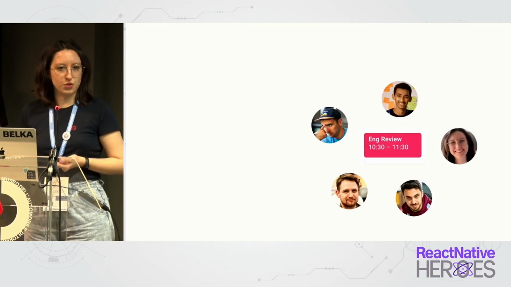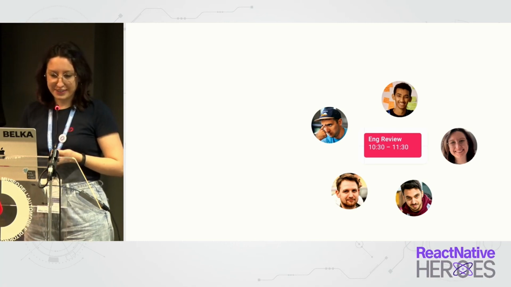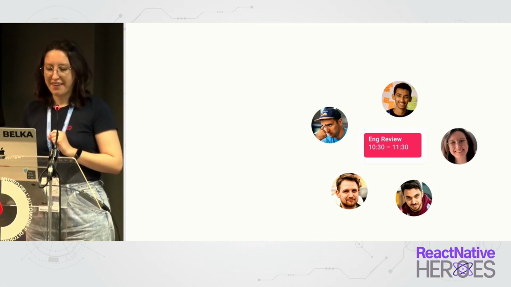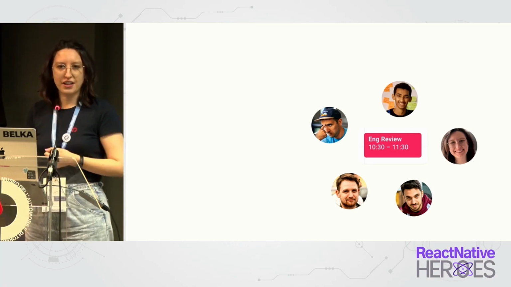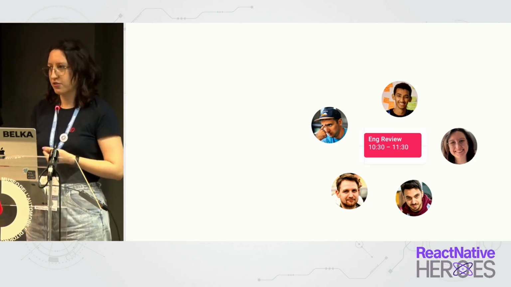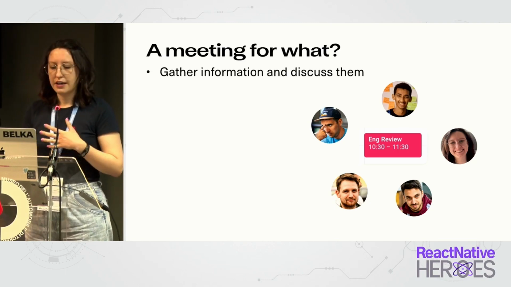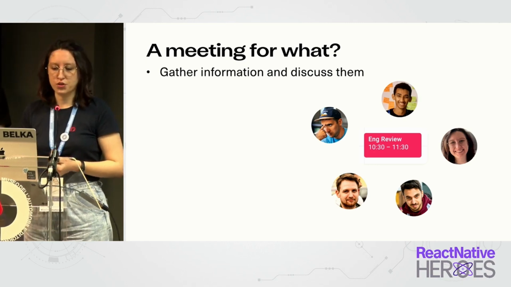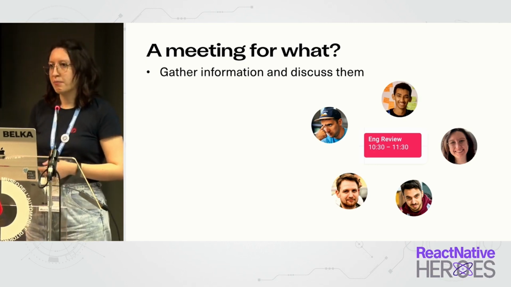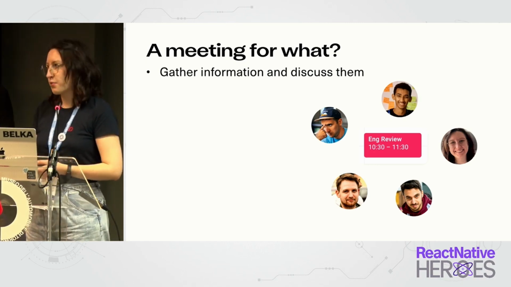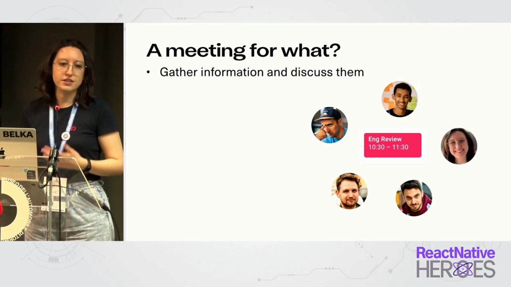But how to do so? Yes, another meeting, but a useful one. We introduced a new meeting called Engineering Review inside our schedule. The program of the meeting was to gather information about new technologies, best practices, etc., and to discuss them together.